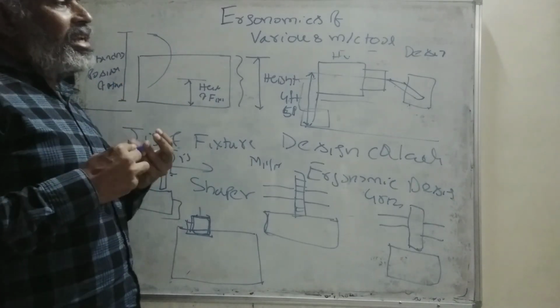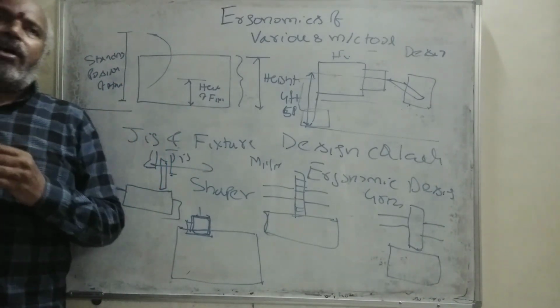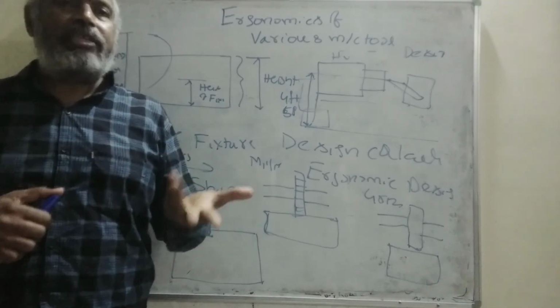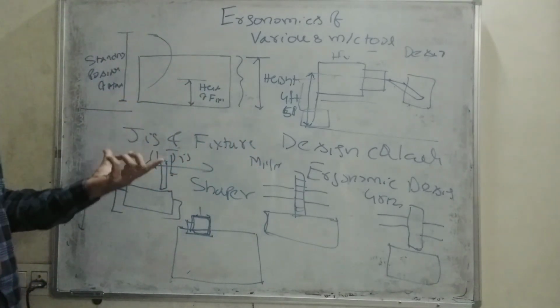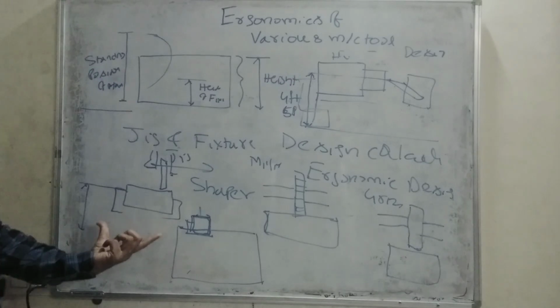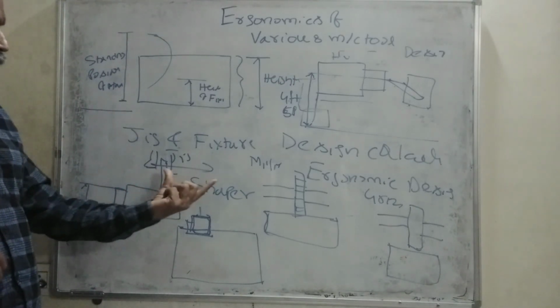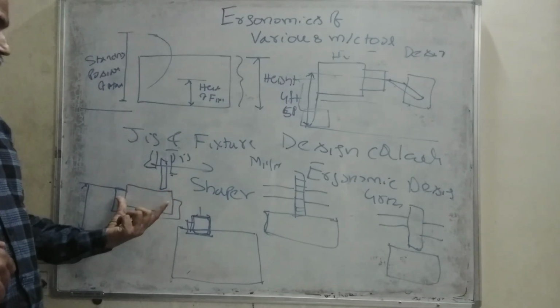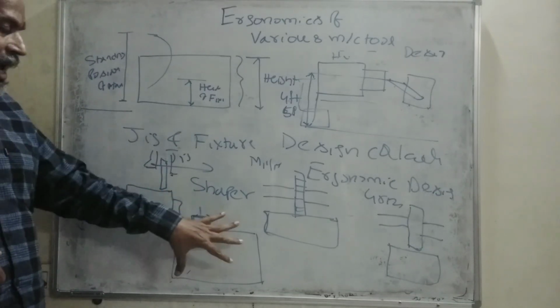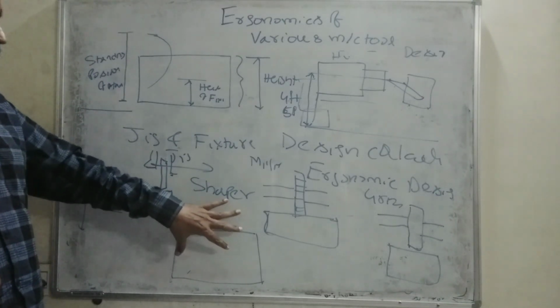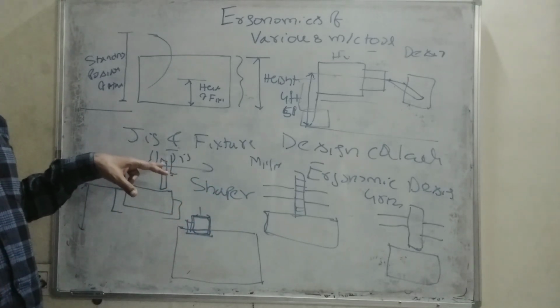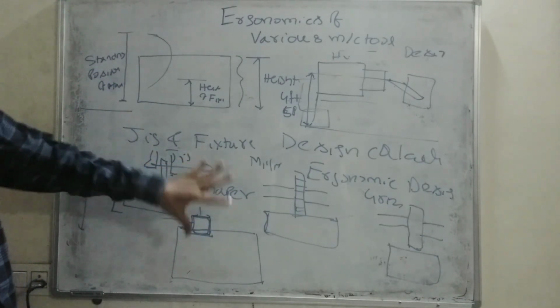We'll see other details in other video sessions. In another video session, I would like to take up the shaper: what is the mechanism of the shaper, how it moves to and fro, how the motor is arranged in the shaper, how the motor makes the reciprocating motion, and what mechanism is involved.